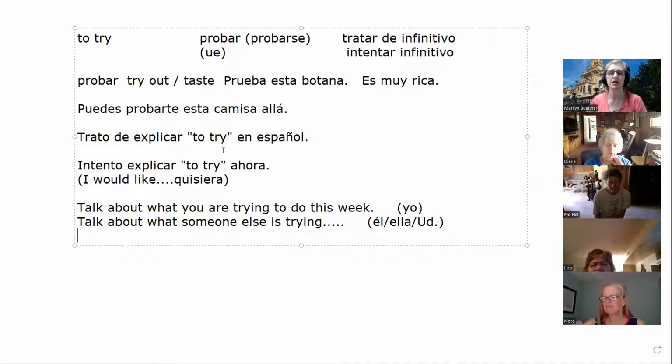Intentan, they're trying. So, trato de cortar. See, trato de cortar. I have to remember my de. But mi esposo intenta reparar. My husband is trying to fix. Bien? Sí. Okay, vale.